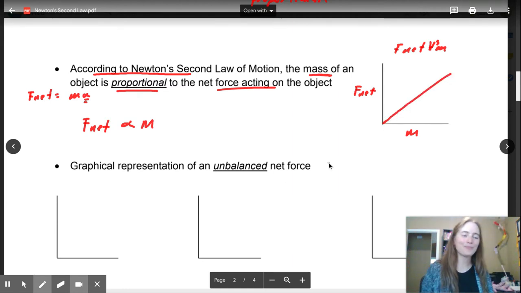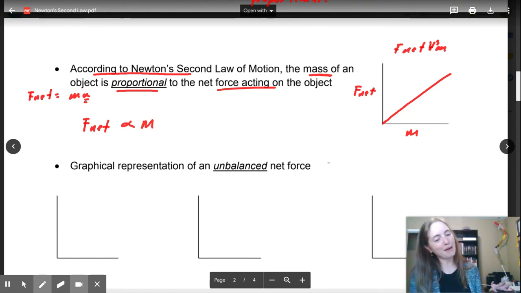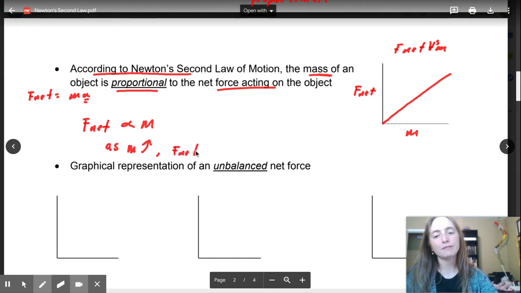Okay. Sounds good? Good. So if you double the mass and the acceleration is the same, the F net required to move that object to that same acceleration is going to double. They are directly proportionate. Sounds good? All right. So, ladies and gentlemen, let's get that written down. So, as your mass increases, the F net required is also going to increase.